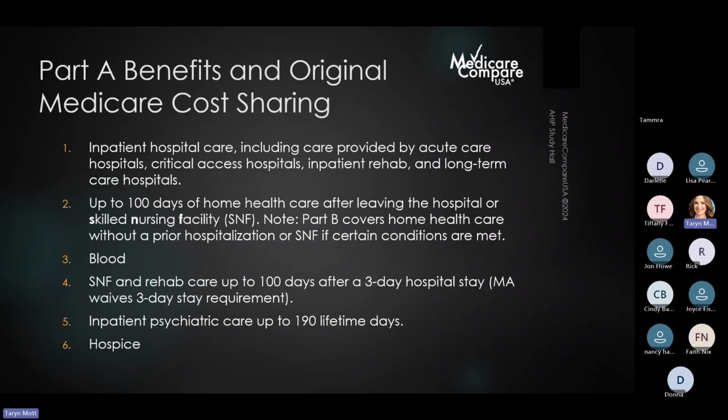If you stay more than 3 nights, then you have the home health, generally at no cost. Number 3 is skilled nursing facilities and rehab care up to 100 days after a 3-day hospital stay. MA waives the 3-day stay requirement. With MA, for those who are new, because we do have new people on here, that means Medicare Advantage plans.